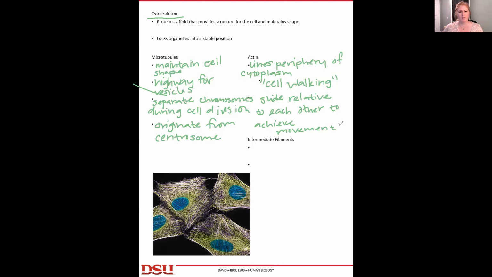Kind of like how a snake's ribs work for movement. It's not exactly the same process, but in this moving relative to each other, it can give you a picture of how actin can allow a cell to shift or to move position a little bit.